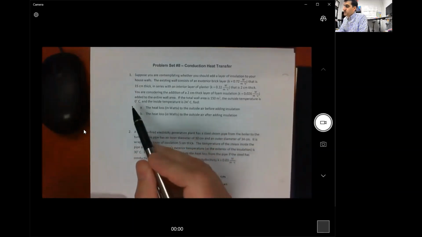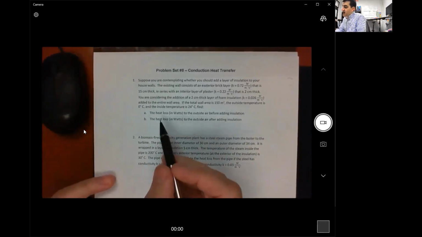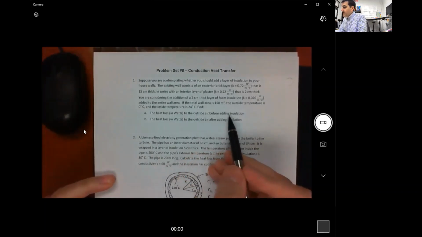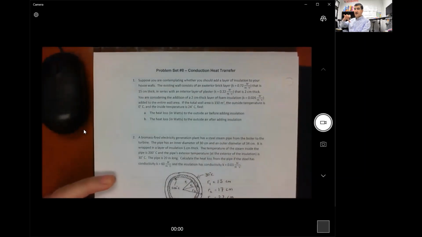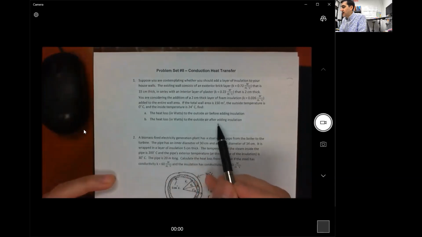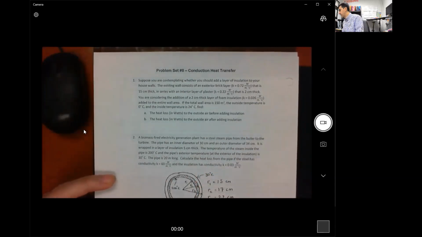So making these assumptions about, say, the average temperatures inside and outside, we want to find the heat loss in watts to the outside air before we add insulation. So how much heat is being transferred from the inside air to the outside air in joules per second, which is watts. And then part B is what's the heat loss in watts to the outside air after adding insulation.